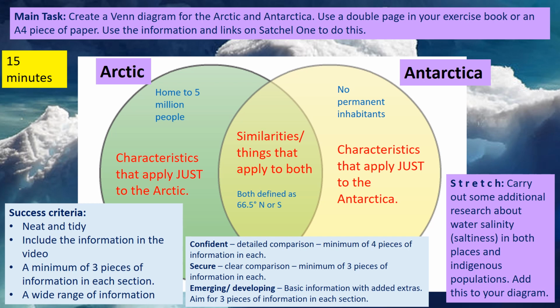Aim for 4 rather than 3, and make your information detailed. If your target is secure, you need a clear comparison, a minimum of 3 pieces in each. So you might include a little bit of detail, some of the statements might not be particularly detailed. And if your target is emerging, developing, basic information with added extras if you can. So aim for 3 in each section.